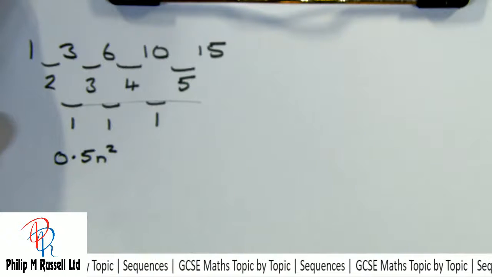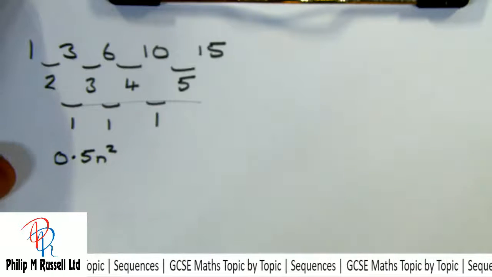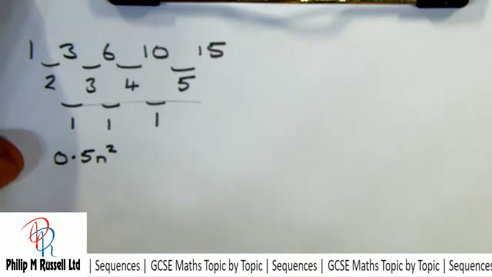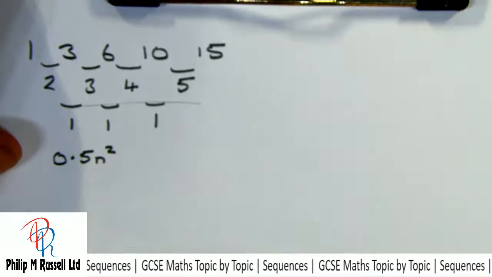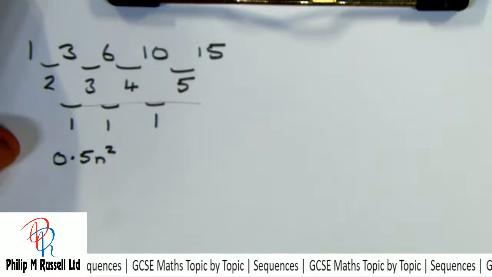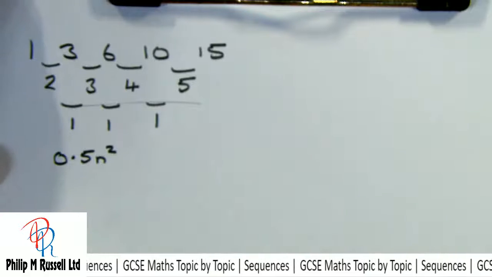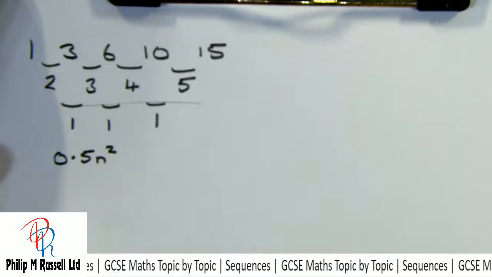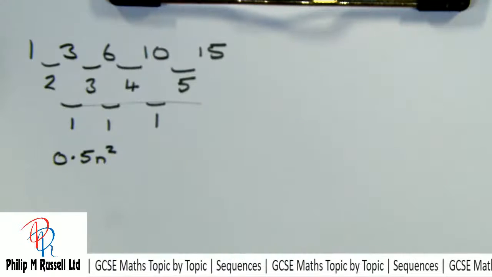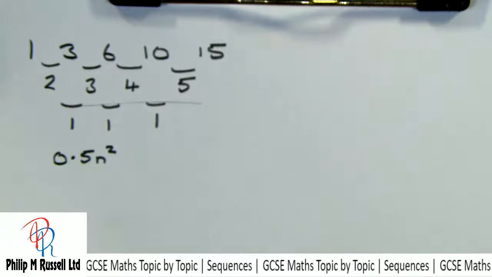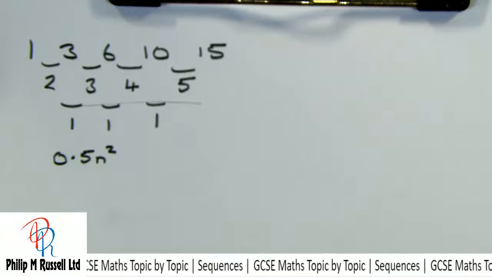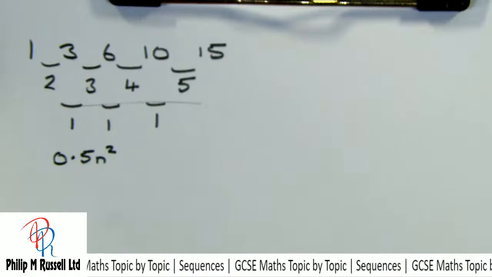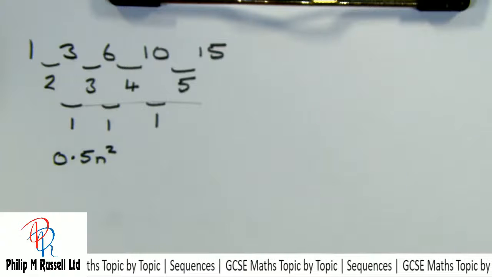Now, this sequence here, we can imagine is something else. This here is something we call a set of triangle numbers. So we might see some of these sort of nasty numbers.